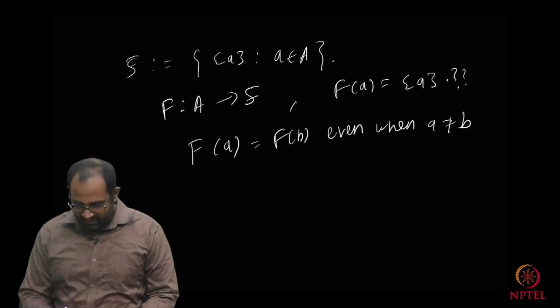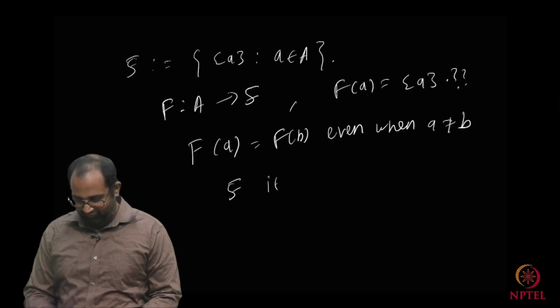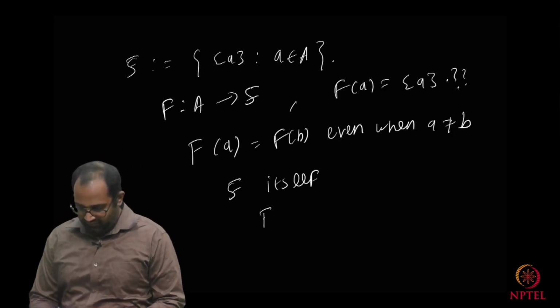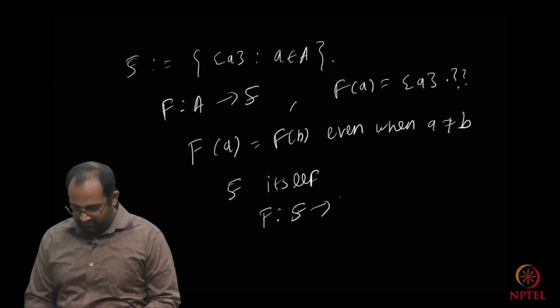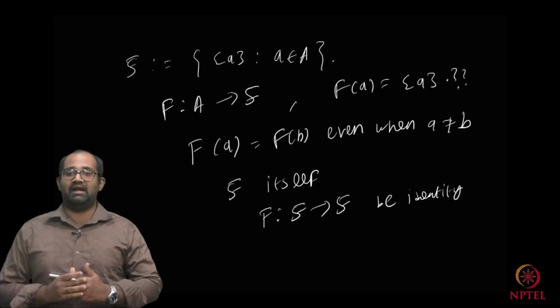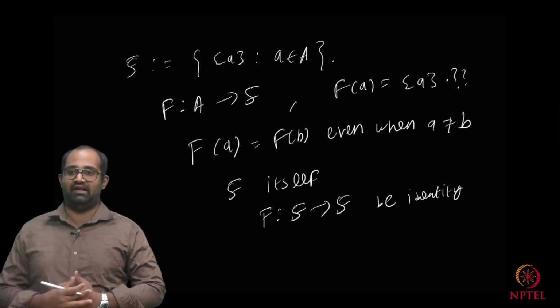You cheat by setting the index set to be F itself, right, and consider the function f from F to F to be the identity. That is, the element that gets mapped to the equivalence class box A is box A itself.